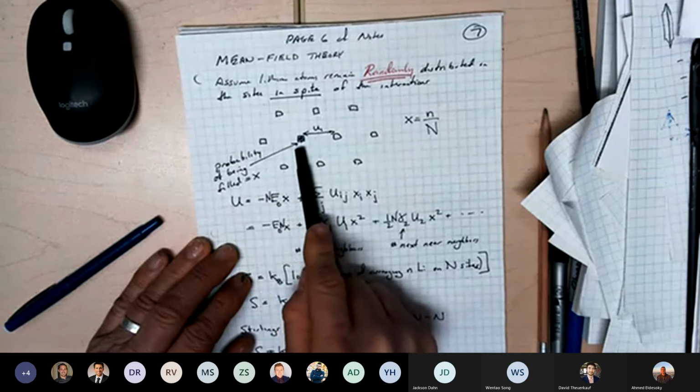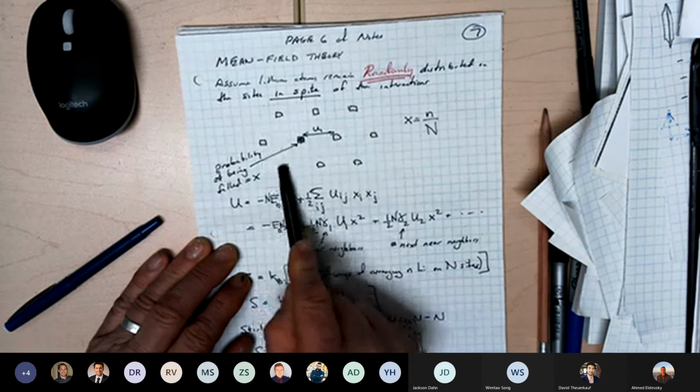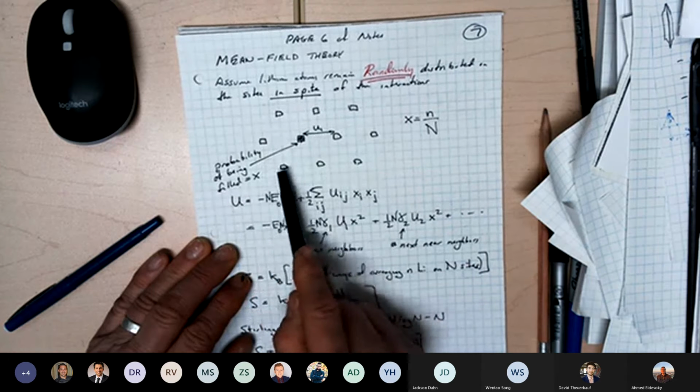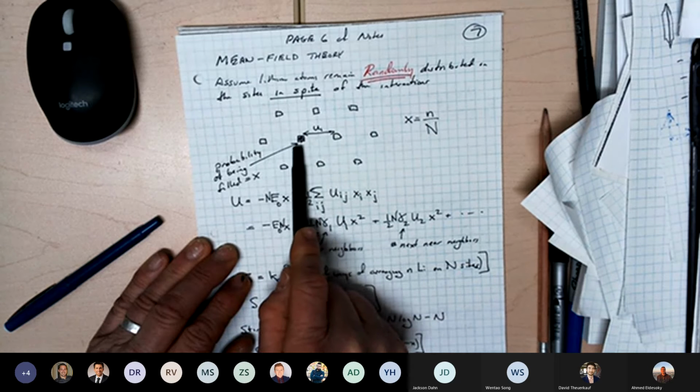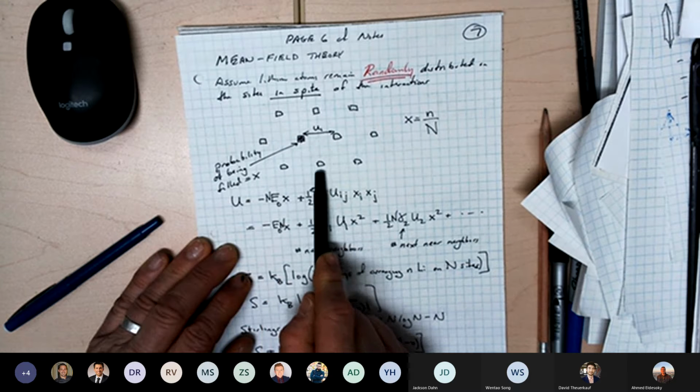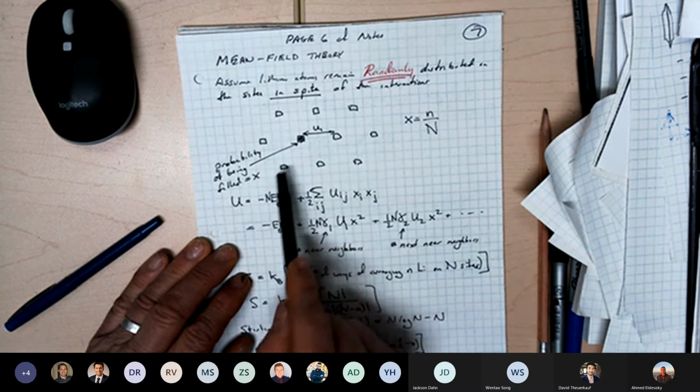The probability that this site is full is X, and the probability that each of these other sites is filled is X. So you pay this interaction energy when both of them are filled. This is filled with probability X, and so is that. And there's 6 near neighbors.